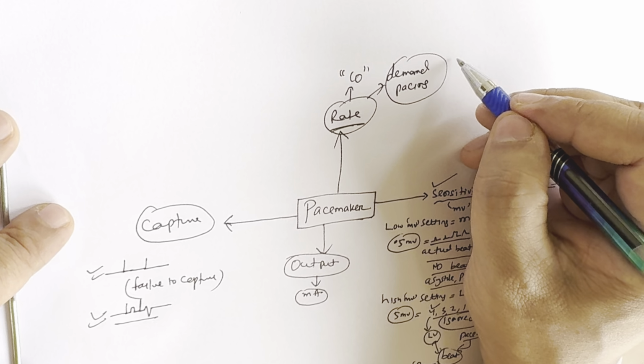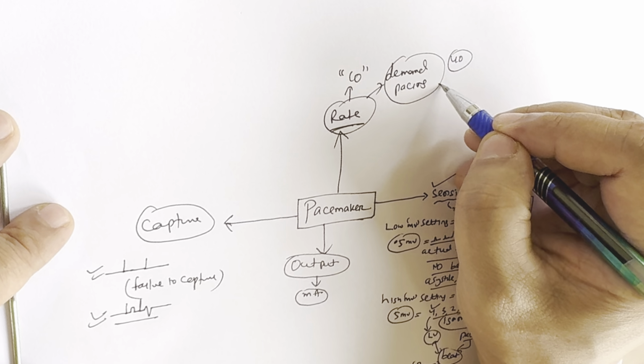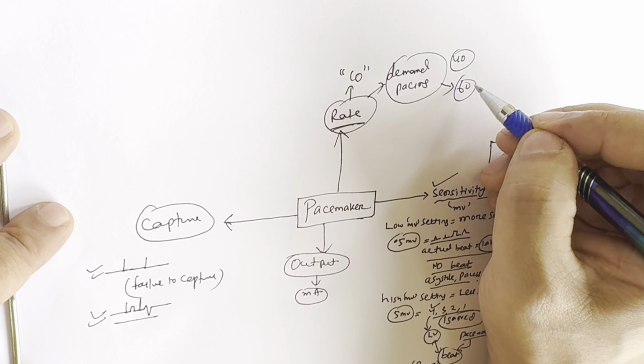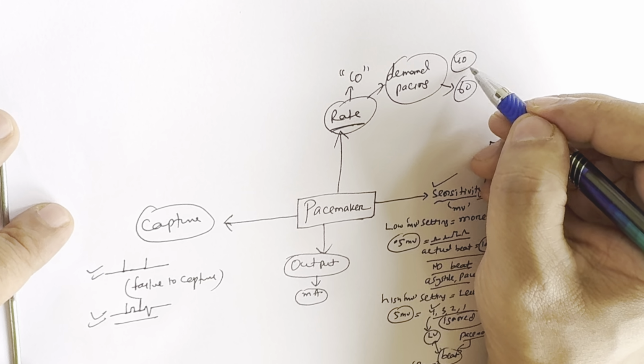If the heart is beating at 40 and the pacemaker is set at 60, then these 20 beats will be provided by the pacemaker. This is called demand pacing. We need 60, you are getting 40, we need 20 more, and this is being provided by the pacemaker. This is called demand pacing, right? So these are the basic settings in the pacemaker that I need you to know to proceed in our discussion.